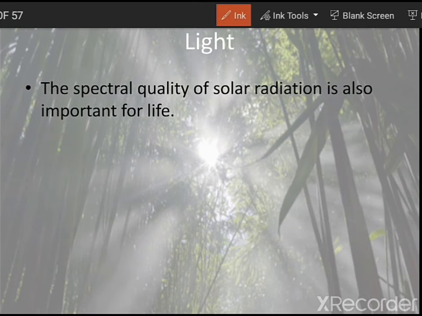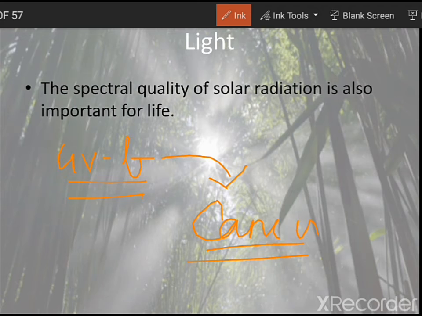The UVB rays are extremely important for us, right? But when these UVB rays are continuously falling on the skin, they can cause skin cancer also. So a certain fraction of the UVB rays is important, but in excess it can cause cancers as well.